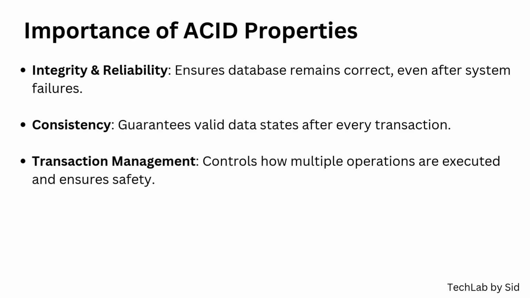Isolation ensures that transactions are executed independently, preventing interference from concurrent operations. Finally, durability guarantees that once a transaction is completed, its effects are permanent, even in case of system failures. Together, these properties make databases robust and reliable.